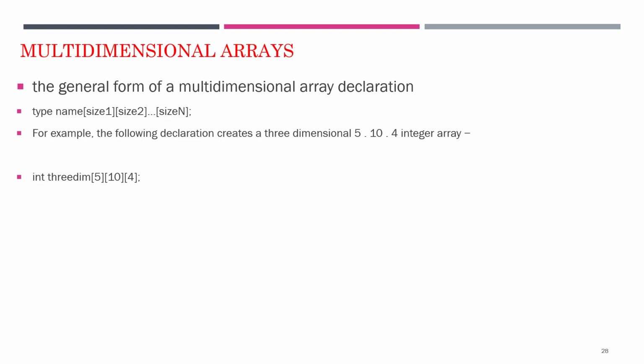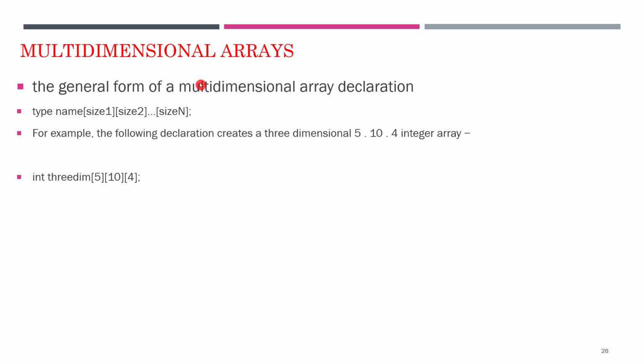We also have multidimensional arrays. Here we have seen only one dimension of arrays. It's just an introduction. We'll see it in detail in the next module. The general form of a multidimensional array is type name. This type and name are the same. Then we have a number of brackets depending upon the number of dimensions.